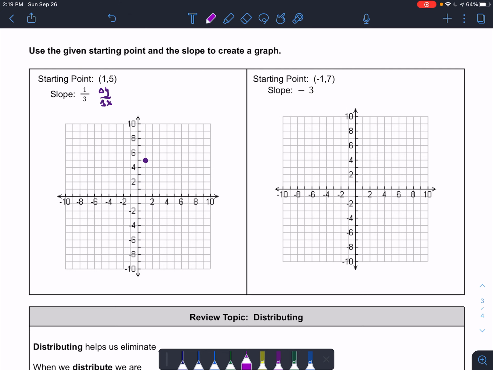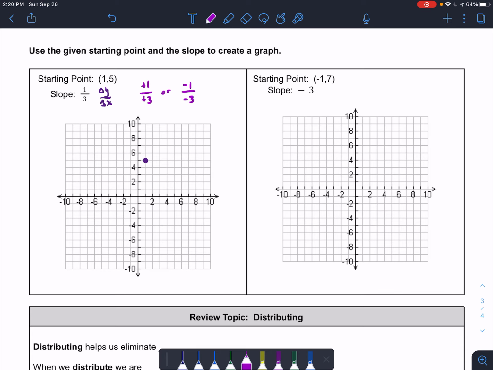All right? Now, I can always go up. Well, actually, let's go back a second. I've been doing math for a while, right? 1/3, there's two options. 1/3 can either be a +1 over a +3, or it could be a -1, excuse me, over a -3.